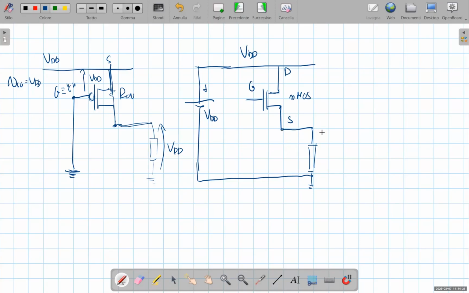Suppose that we want to drive the output high. Since this is an NMOS device, we need to force the gate voltage high, but the highest gate voltage that we can apply is the supply voltage.